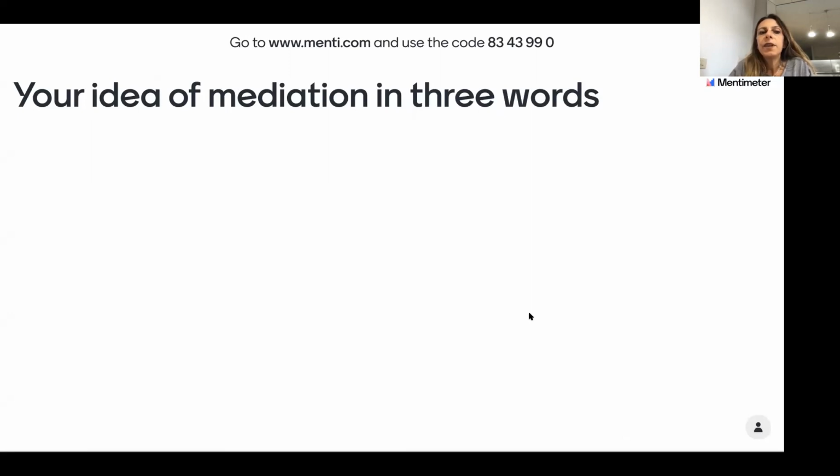Then there are 3 fields to fill in about your idea of mediation in 3 words. Just what you think when you talk about mediation. What is mediation for you? Just 3 words. That could be 3 adjectives, anything, any idea that is in your mind when you talk about mediation.